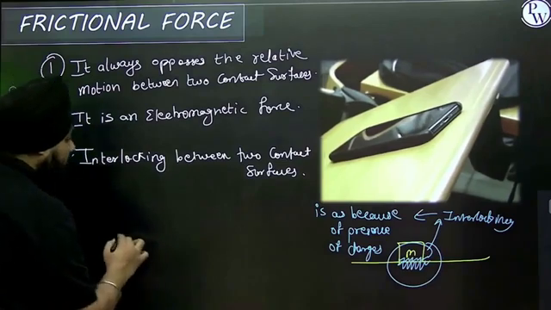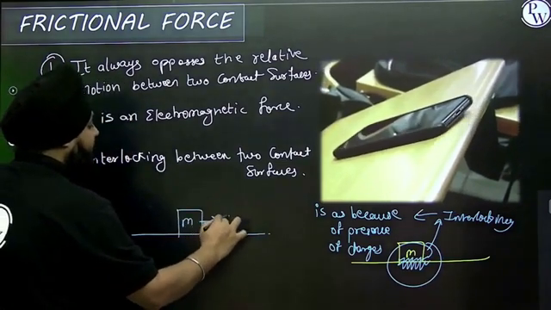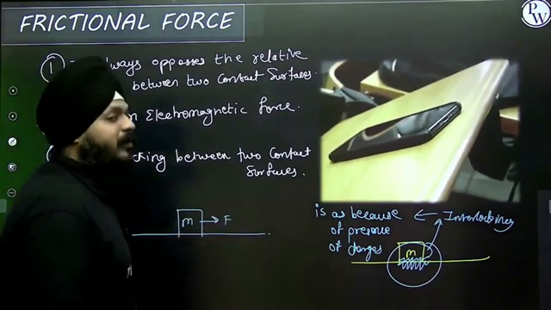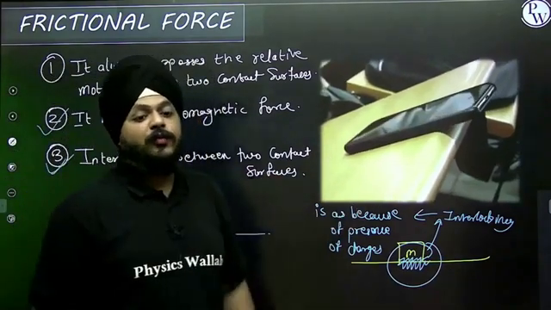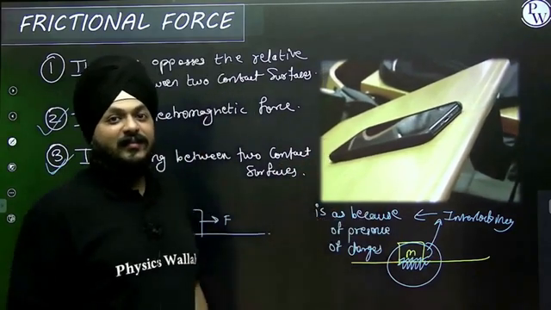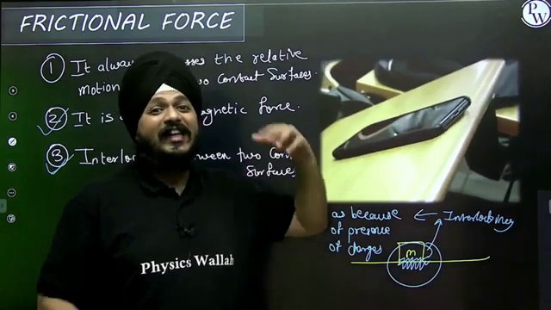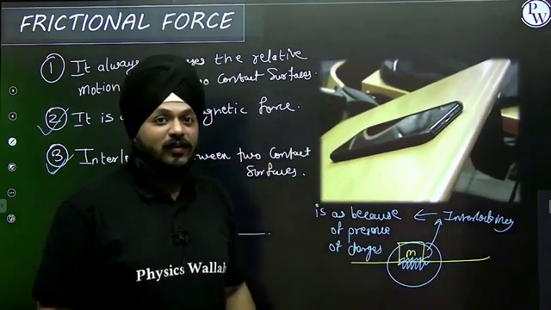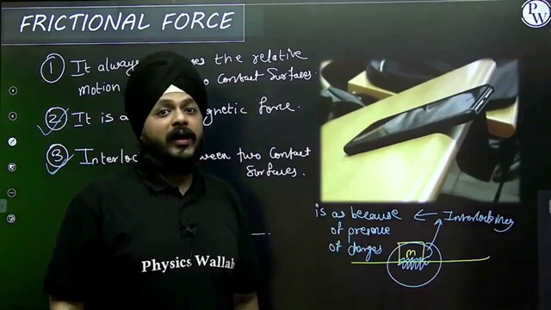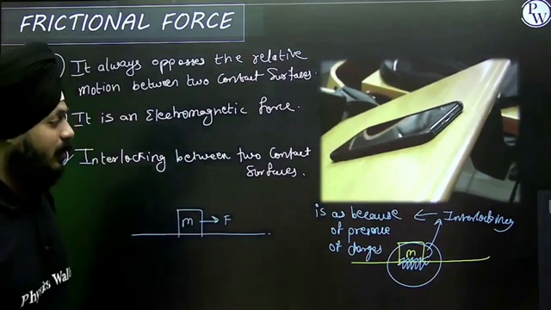Now, suppose a high value of force is applied. What will be the direction of the frictional force? First we defined why, the reason behind it: it is an electromagnetic attraction, the interlocking. What will be its direction? Step by step.